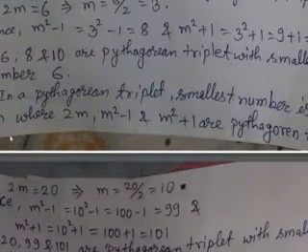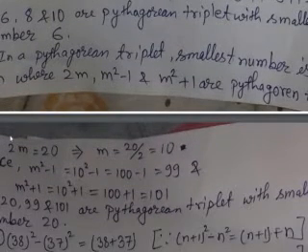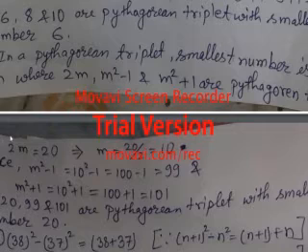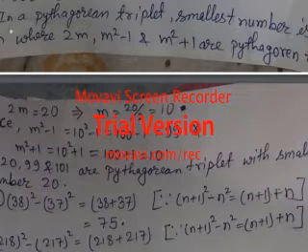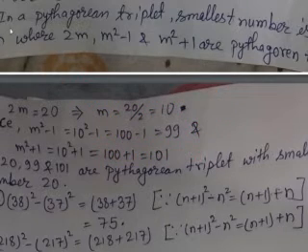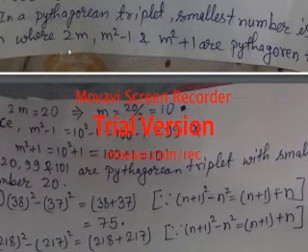If you see question number 4, there is 20 as the smallest number, and you have to make the triplet. The same thing I had written. Again I am saying, always you have to write the process, always you have to write the words. The more you write the words, the more they will be fixed in your brain. So let's see: in a Pythagorean triplet, the smallest number is 2m, where 2m, m square minus 1 and m square plus 1 are the Pythagorean triplet.